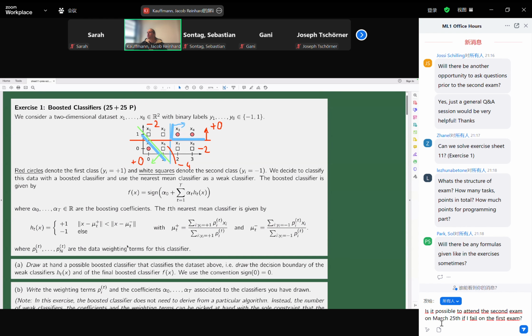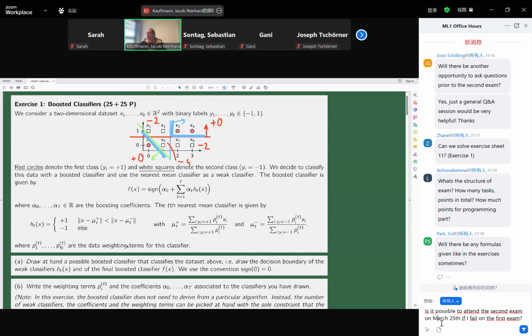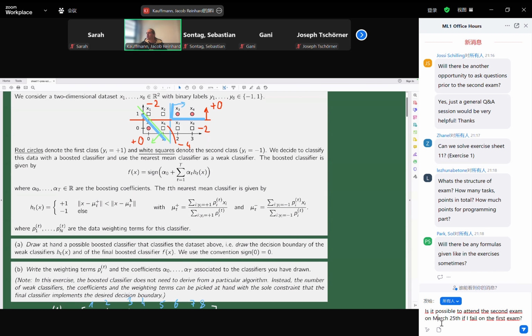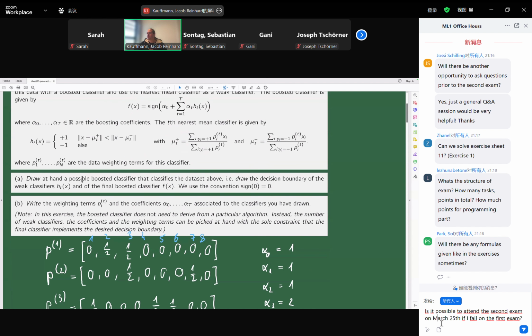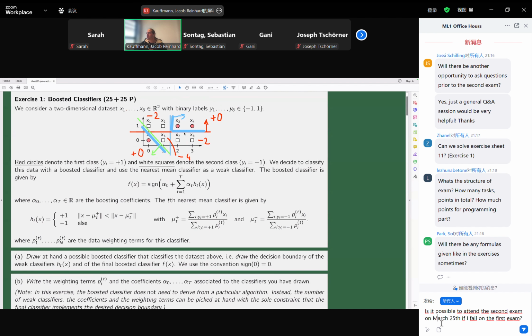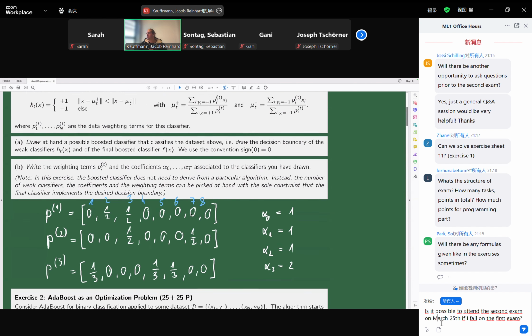Right. The one was about boosting. And the task was to first draw a boosted classifier, which consists of a bunch of linear classifiers, and define the weights of this classifier. So there can be more than one solution.